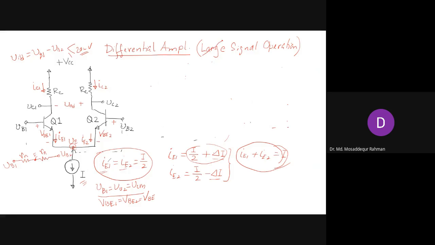So that is our present small signal operation.